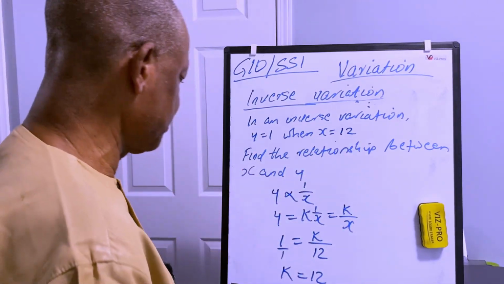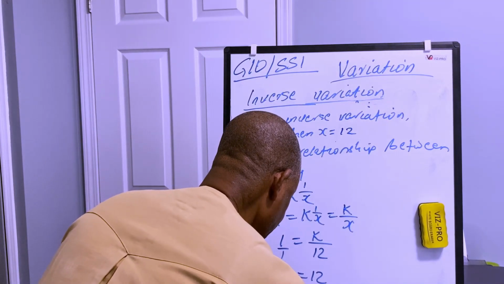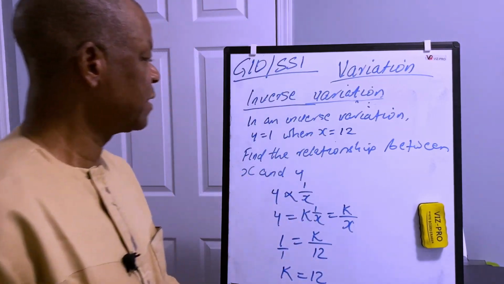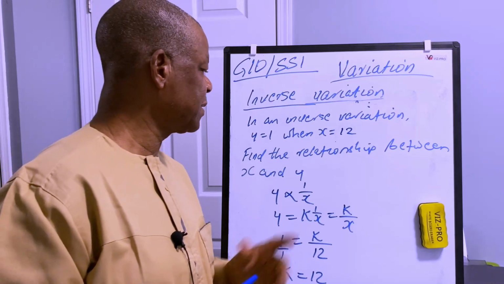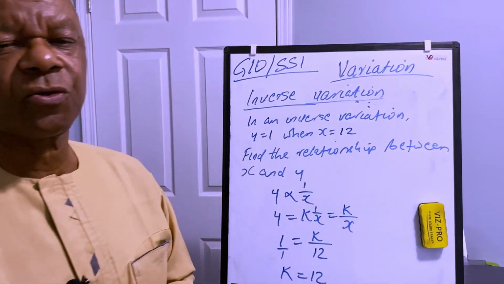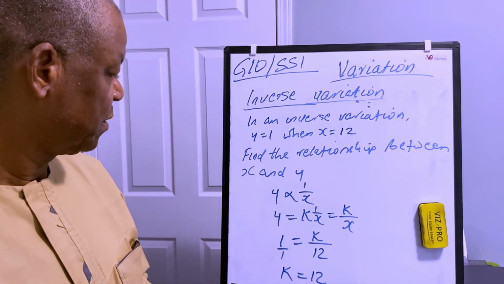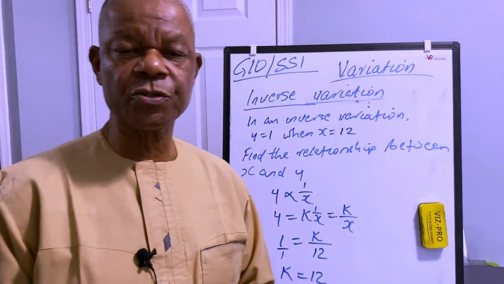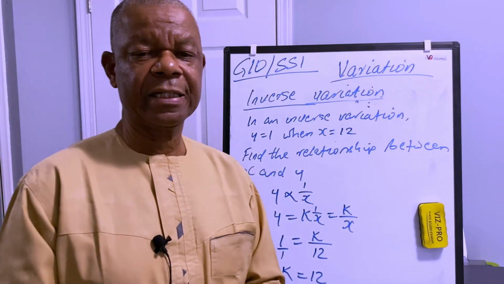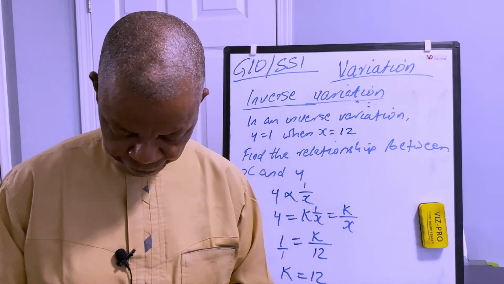Then the relationship between these, that is y is equal to 12 over x. This is the relationship between x and y, where y is 1 and x is 12. We first of all find the constant to be 12, and thereafter we find the relationship as required. And the relationship gave us y is equal to 12 over x.